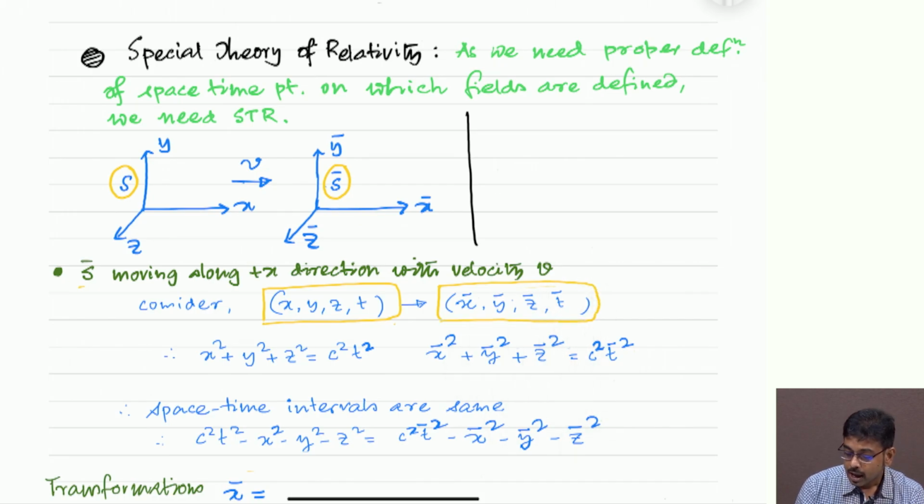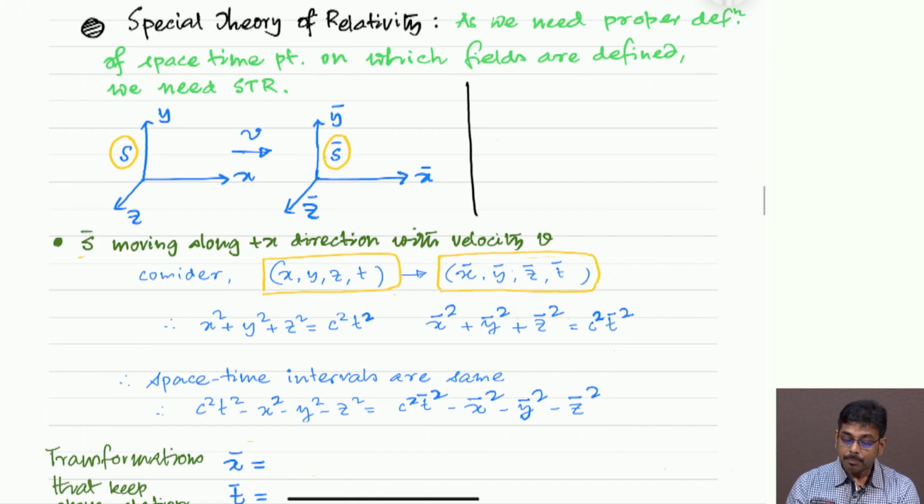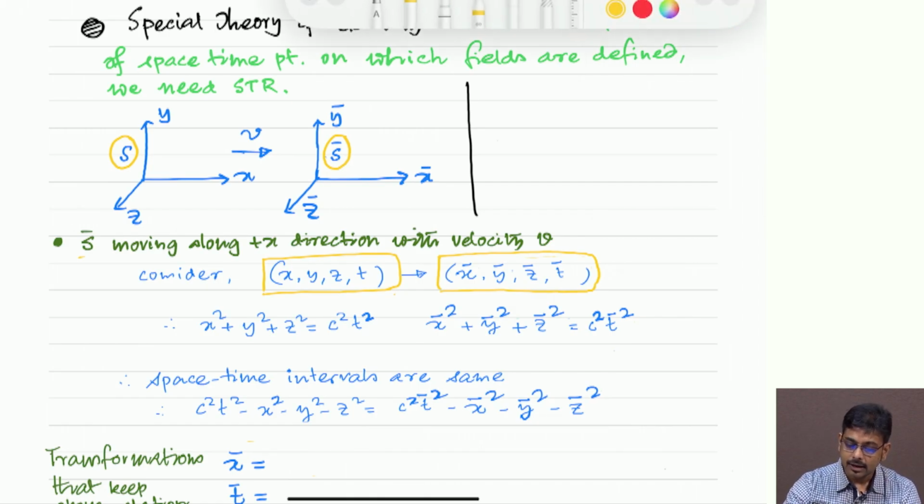Okay? Now, the main point of the theory of relativity is that we need to adhere to the fact that the velocity of light remains constant in all inertial frames. This was a realization obtained in order to keep Maxwell's equations, or the so-called wave equations associated with the electromagnetic fields, intact in all different inertial frames.